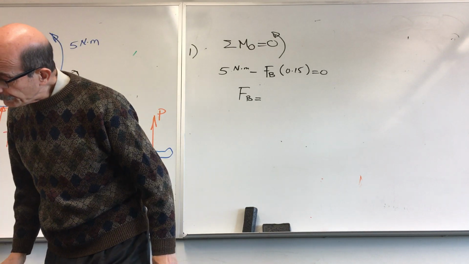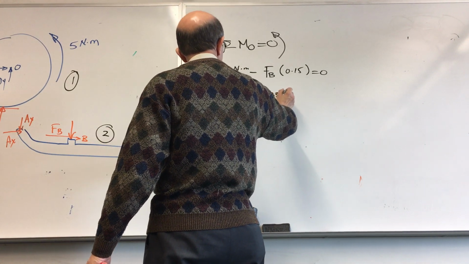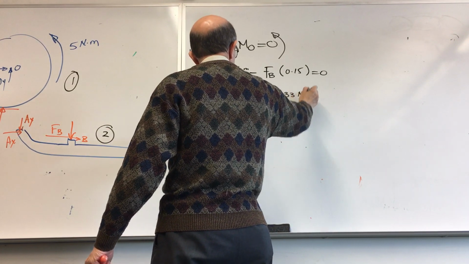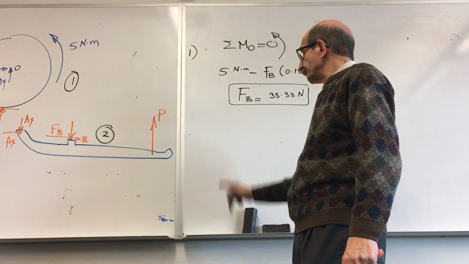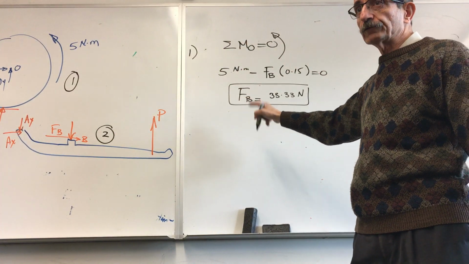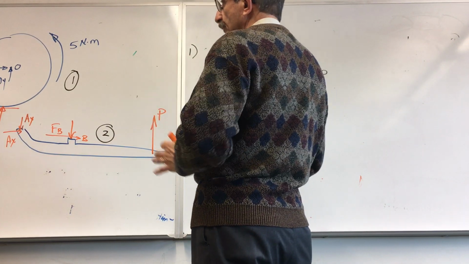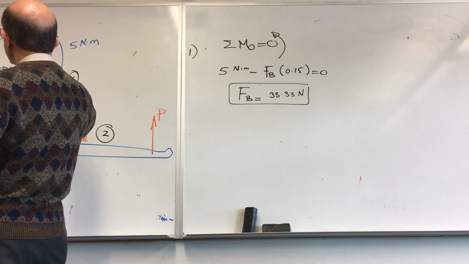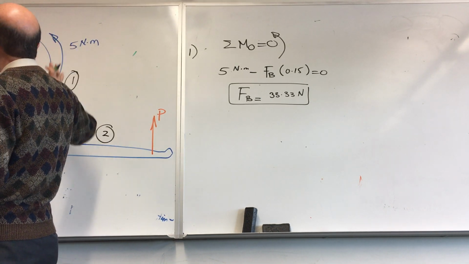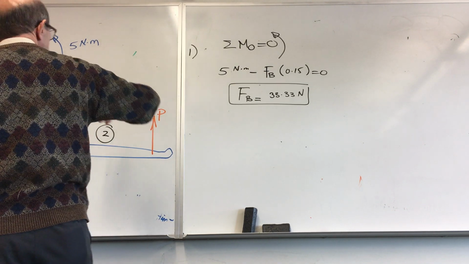FB comes out to be 33.33 Newton, if this is the maximum friction force. In other words, it is the maximum force that allows me to use the assumption that this torque is not going to be able to rotate this.